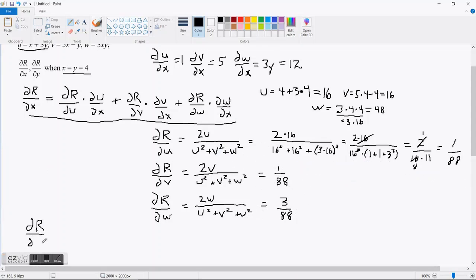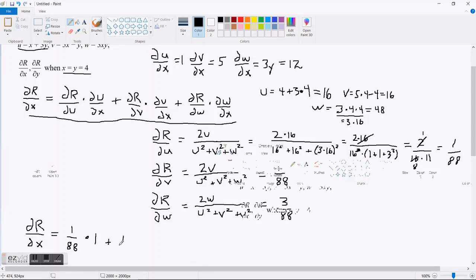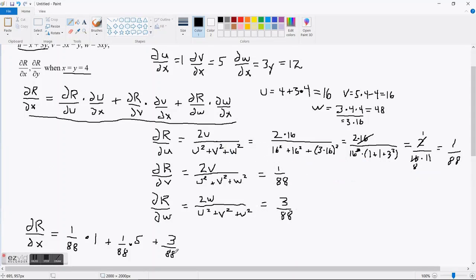And we're going to get the partial of r with respect to u, which we found to be 1/88th, times the partial of u with respect to x, which we found to be 1, plus the partial of r with respect to v, which again was 1/88th, times the partial of v with respect to x, which we found to be 5, plus the partial of r with respect to w, which we found to be 3/88ths, times the partial of w with respect to x, which we found to be 12.